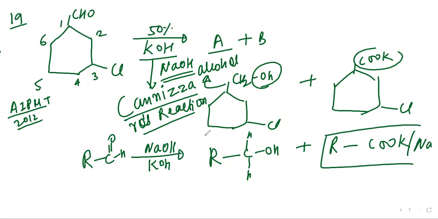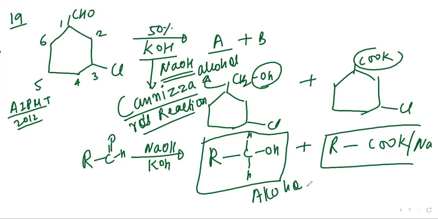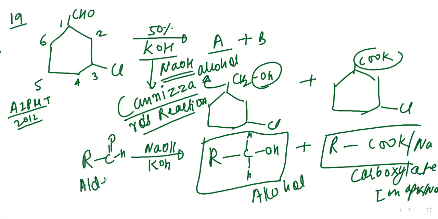So in the Cannizzaro reaction, one aldehyde is converted into alcohol, and one is converted into the carboxylate ion of potassium or sodium. So write it down.